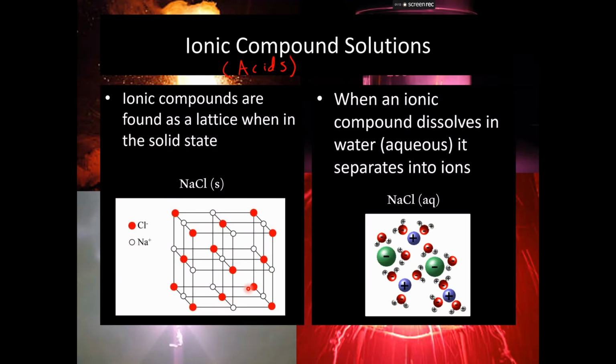But when an ionic compound dissolves in water, when it becomes aqueous, which we've been talking a lot about in this unit, Unit 8, it separates into its individual ions. Both ionic compounds and acids do this.